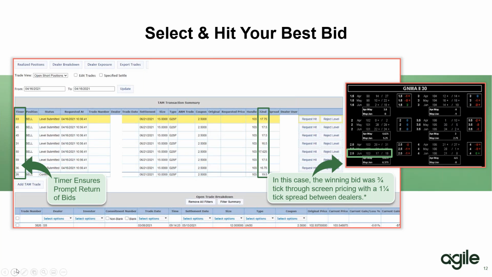If you're sending your bid out to 8 dealers, that really is your market for prices, because those 8 dealers are obviously not all colluding to provide one price. By definition they know they're in competition and they're putting their best foot forward. So the response back on the TAM transaction summary becomes your screen.